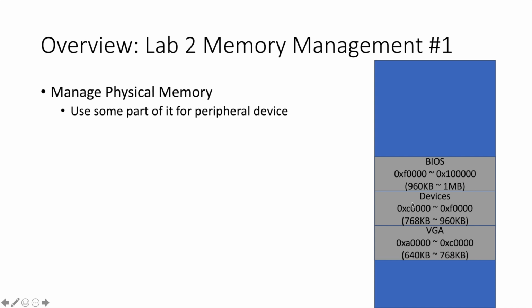Reserving here means that we can't use these memory address areas for other purposes, for example, storing data for video games or a web browser. We can use other free space, but not these address spaces because they are reserved for the peripheral devices. So we need to set up this kind of physical memory management in Lab 2.